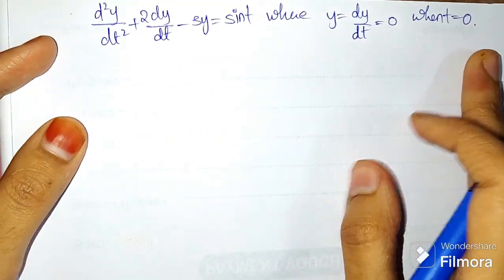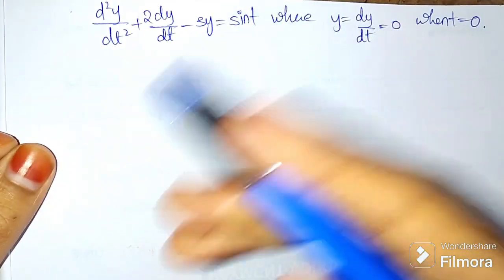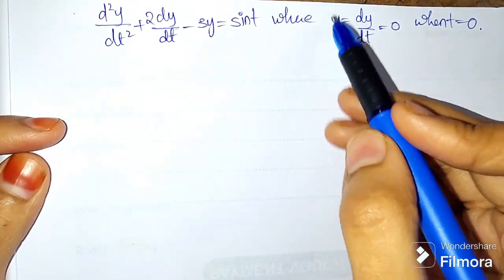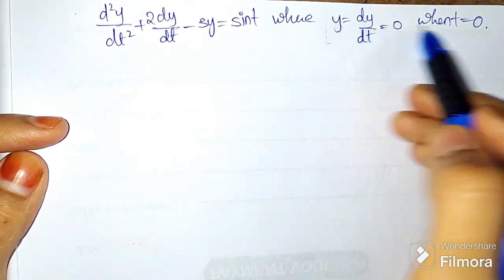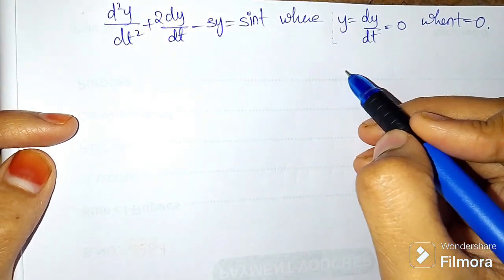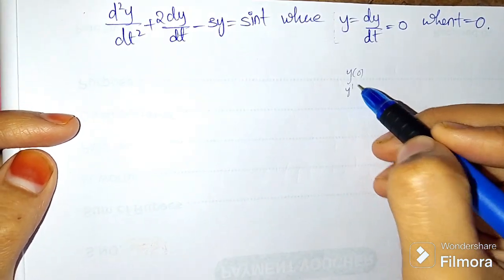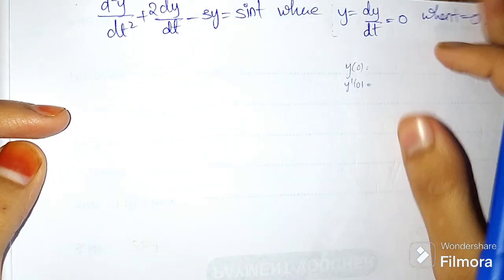So this is the next question. Solve the following differential equation by using Laplace transform. They'll give it like that. And see here, y and dy by dt are 0 when t is 0. Before, we got something like y of 0 and y dash of 0 given. But now it is given like this.